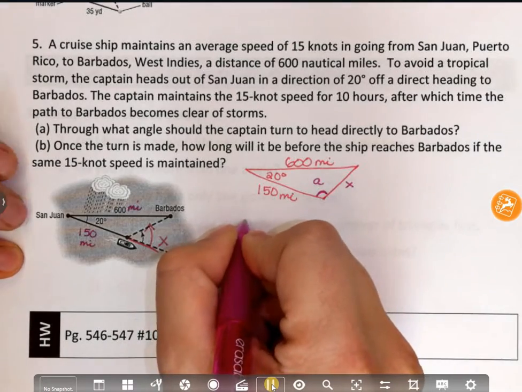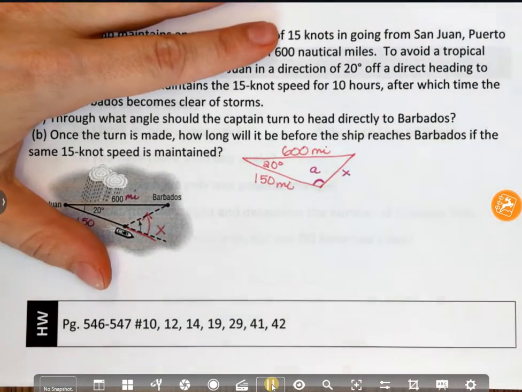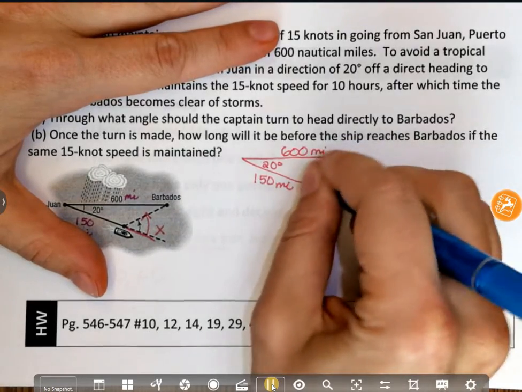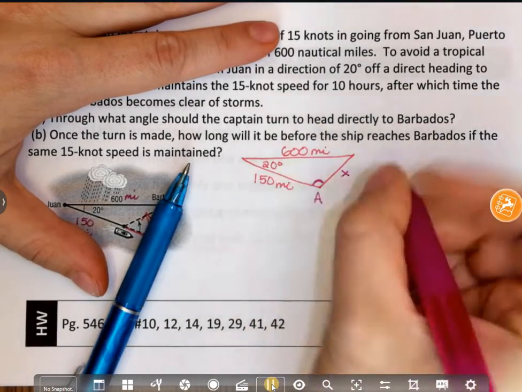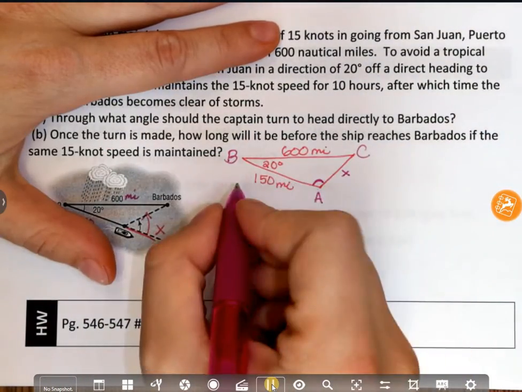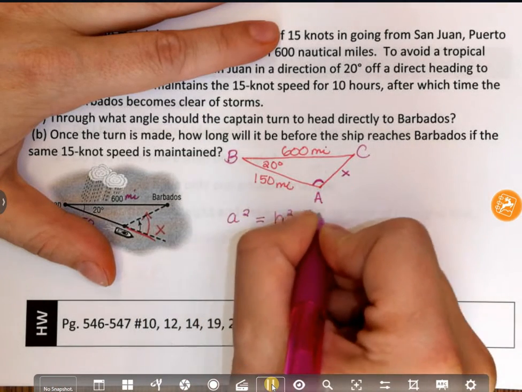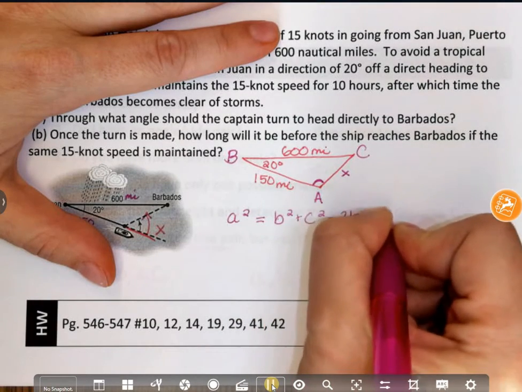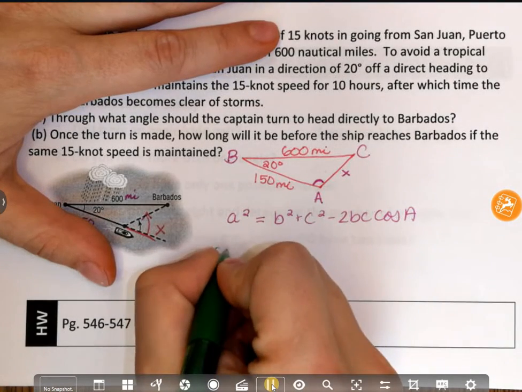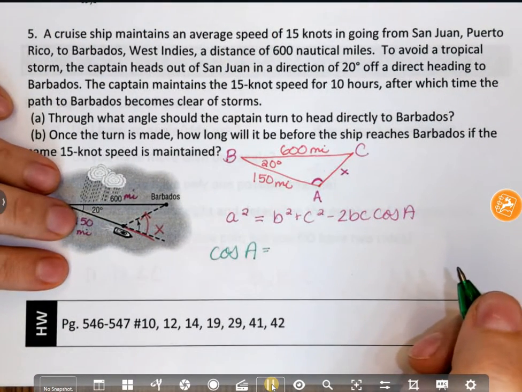I don't like doing this with numbers because I make more mistakes there. We'll make that angle A, make that angle B, and we'll make that angle C just for giggles. So that way I will say a squared is b squared plus c squared minus 2bc cosine of A. And we had an equation that we got down to find the cosine. What am I going to do?